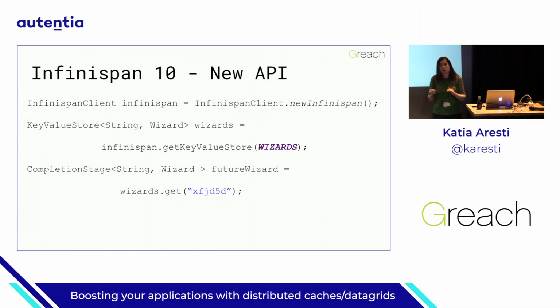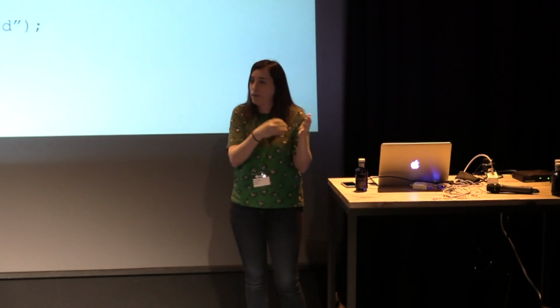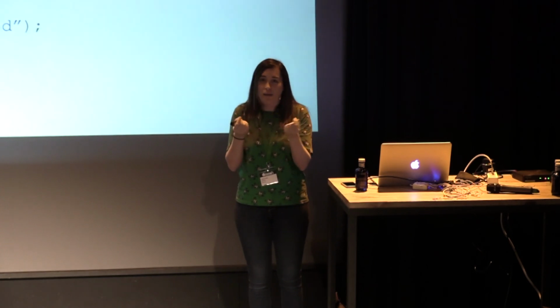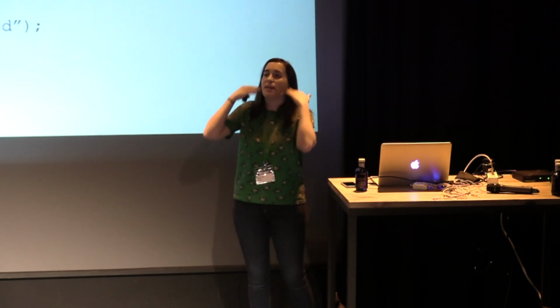Infinispan is 10 years old now, and it's used for caching and as a data grid or key value store, like a NoSQL key value store with search and many other functionalities. When you build things, sometimes the APIs are harder to understand, and because we need caches to be useful with and without search, the API is a bit verbose today.